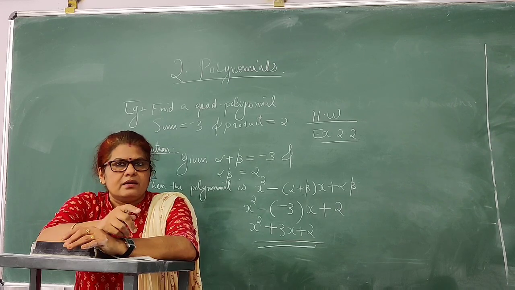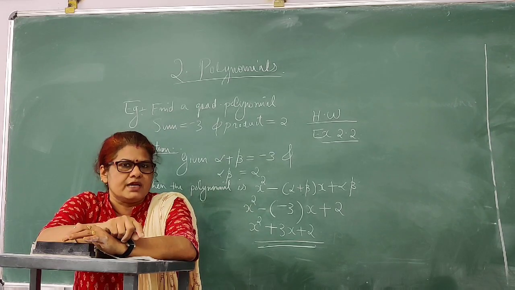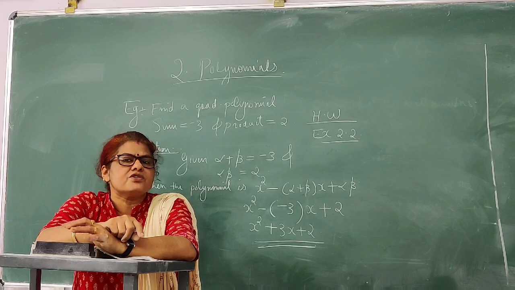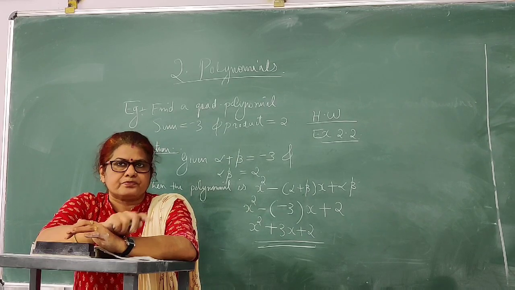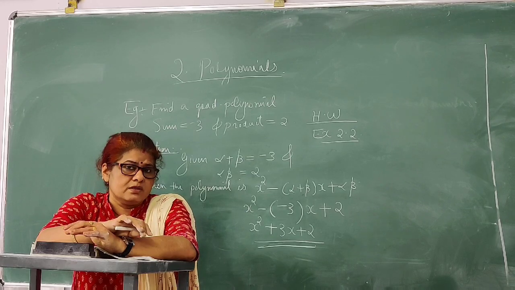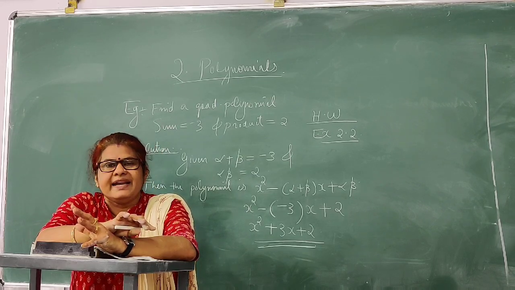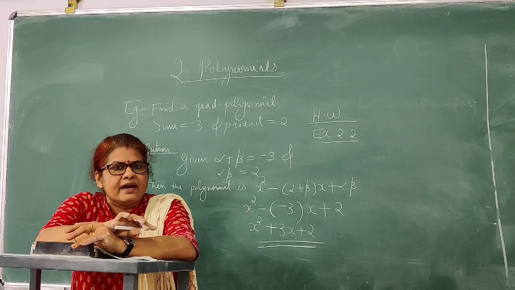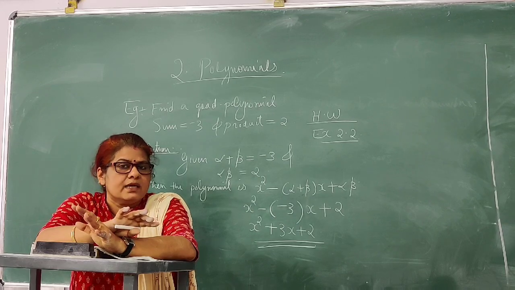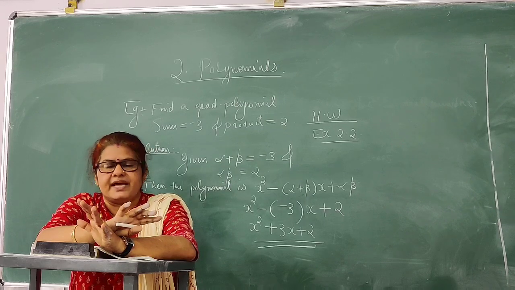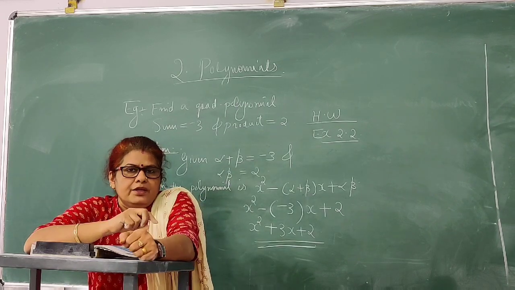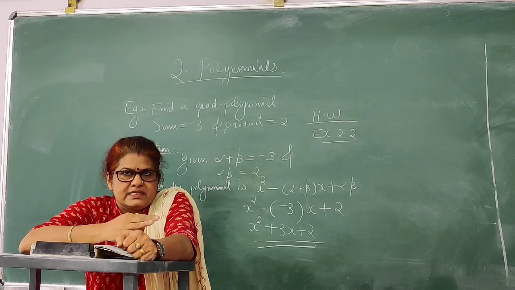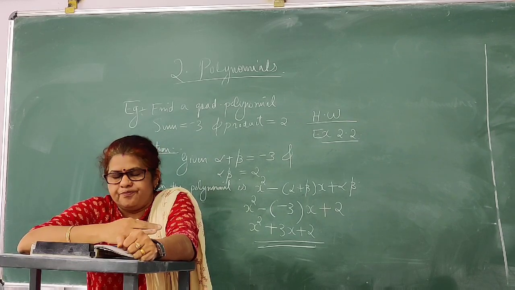The question will be only a 1 mark question, that is just to find the number of zeros, and the number of zeros from a graph depends on at how many points the graph cuts the x-axis. That's all.